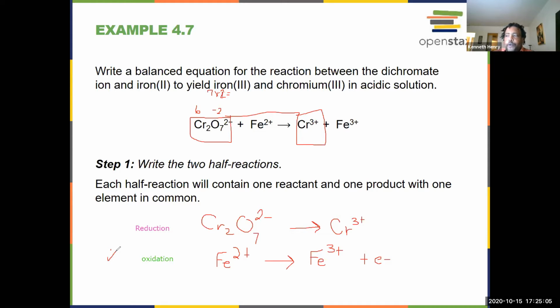Okay, so now that upper one is a little more complicated. We have these oxygens. How do we balance out those oxygens? You use water, right? So how many water molecules do I need?